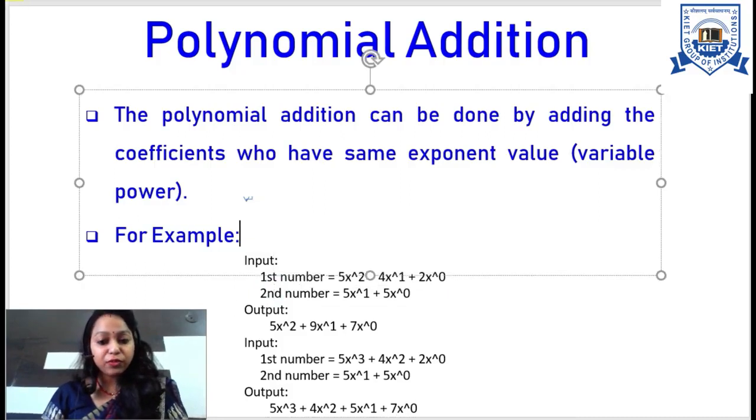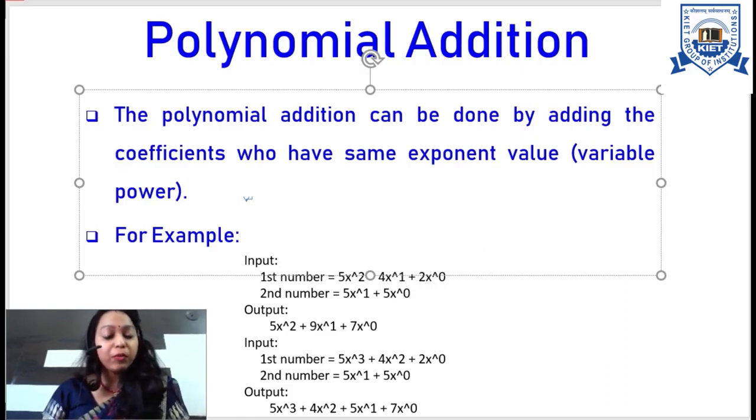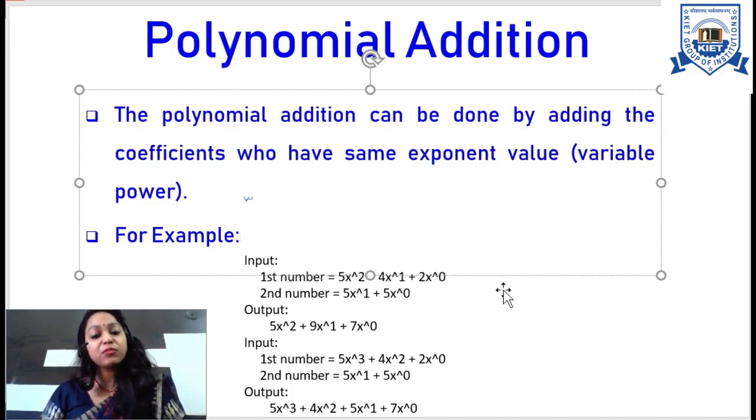The next term of the first equation is 2x power 0, and the next term of the second equation is 5x power 0. As the exponent parts of both are the same, we add the coefficients 5 plus 2, that is 7, and use the same exponent. Okay, we move to the next term. There is no next term in the first equation.